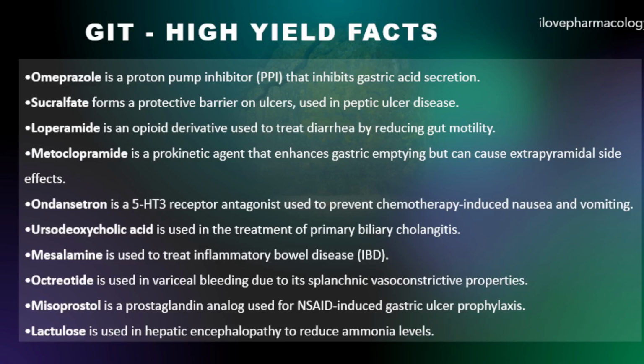Mesalamine is used to treat inflammatory bowel disease, and octreotide is used in variceal bleeding due to its splanchnic vasoconstrictive properties. Misoprostol is a prostaglandin analog used for NSAID-induced gastric ulcer prophylaxis, and lactulose is used to treat hepatic encephalopathy as it reduces the ammonia level.